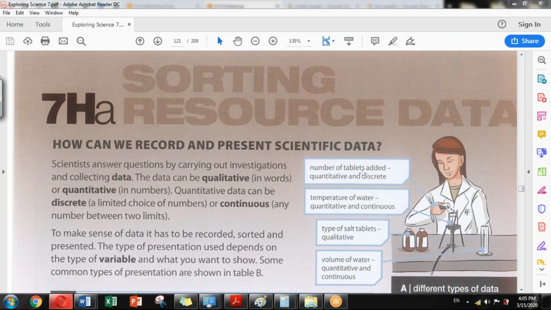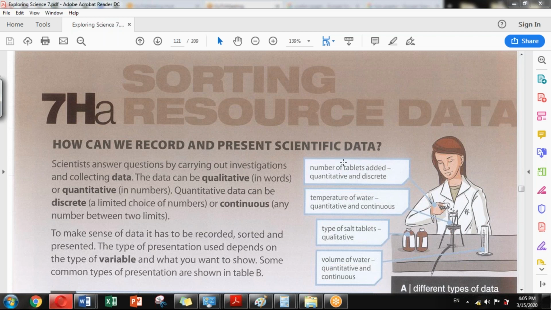In this part, number of tablets added: quantitative and discrete. Why quantitative? Because we are counting the number of tablets with numbers: 5 tablets, 4 tablets, 3 tablets, 10 tablets. So look, in numbers. That's why our data belongs to quantitative data.